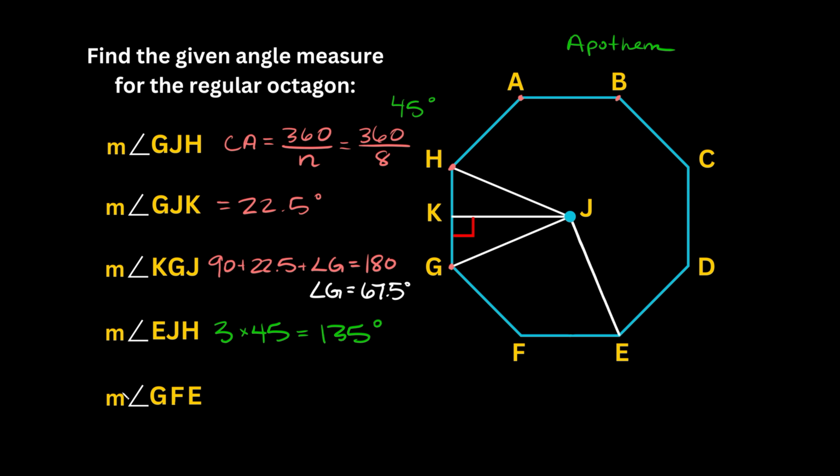So lastly, we want to find angle GFE. So GFE, this angle right here. This is what's known as an interior angle of the regular polygon. And we have as many interior angles as we do sides. So since we have 8 sides to this regular polygon, we have 8 interior angles. So this is 1, this is 2, 3, 4, 5, 6, 7, and 8.